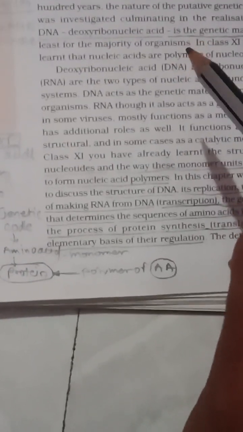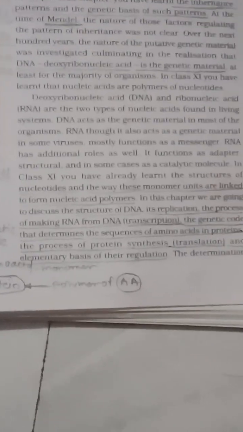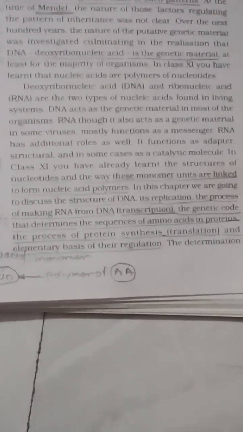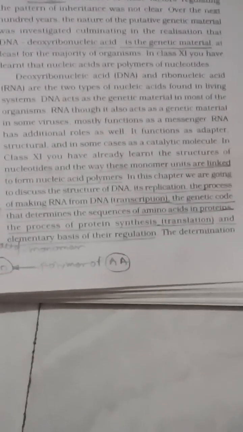Okay, sugar, nitrogen base, and phosphates are present in the nucleotides. Many nucleotides form the complex structure of the DNA, and the DNA transfers characters from one generation to another generation. Okay, first we see about the DNA.